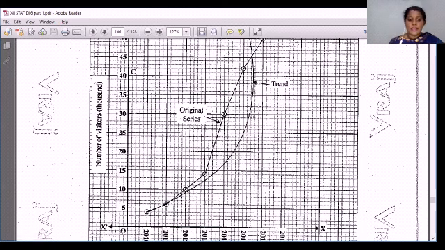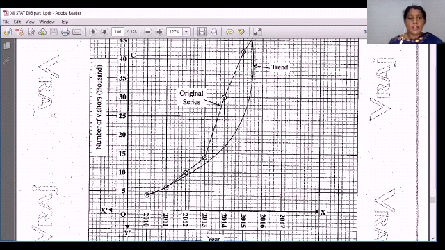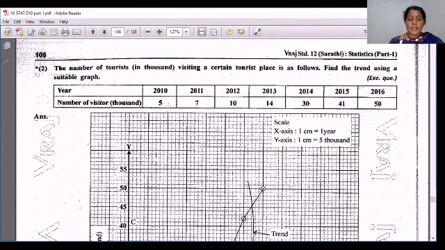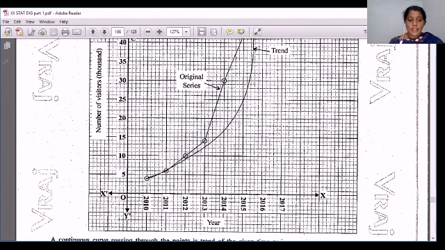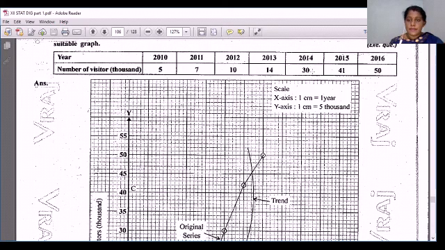Then on the other axis they have taken the year. You can take either the year or sequence-wise numbers. And here they have plotted the points. So in the year 2010, the number of visitors is 5, so it should be here. 2011 it is 7. 2012 it is 10. 2013 it is 14. 2014 it is 30.